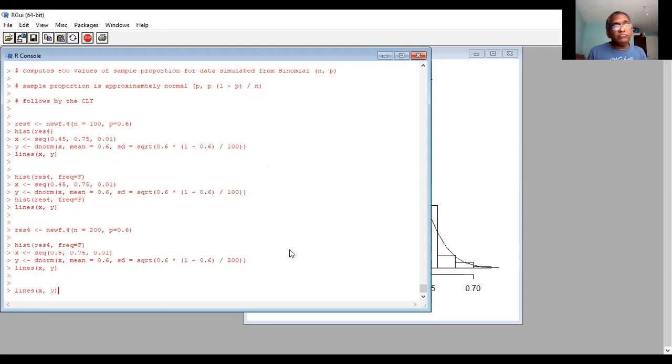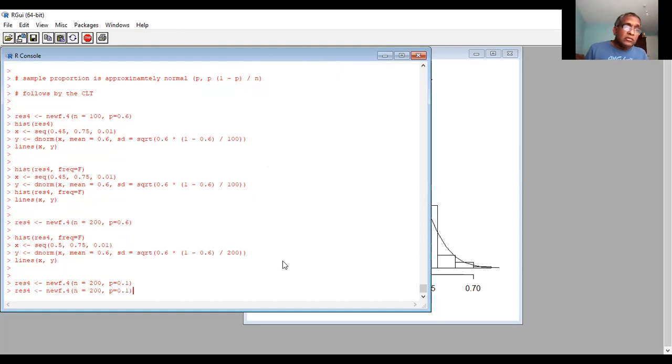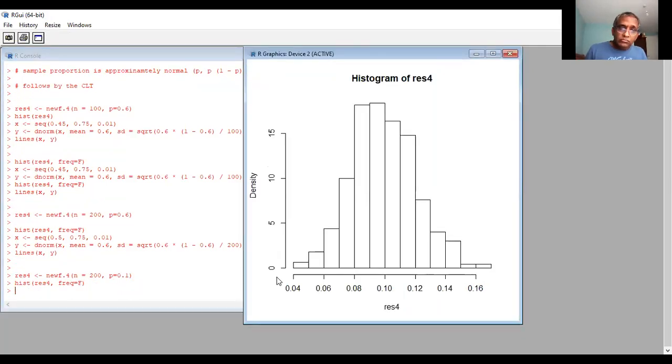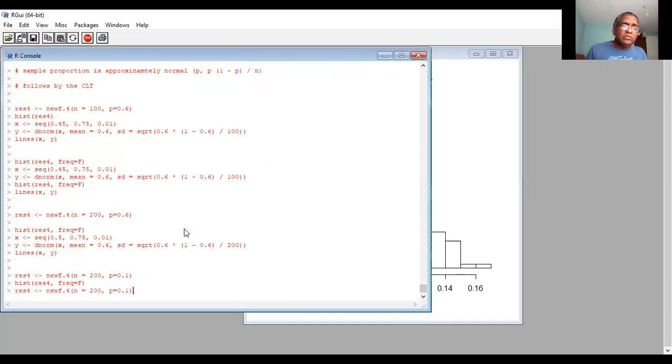Now you can also change the value for p. Suppose you simulate with p equal to, say, 0.1. Then you should do the histogram. This is what you see. So the histogram goes from 0.04 to 0.17. So you choose your x-axis to go from 0.04 to 0.17.